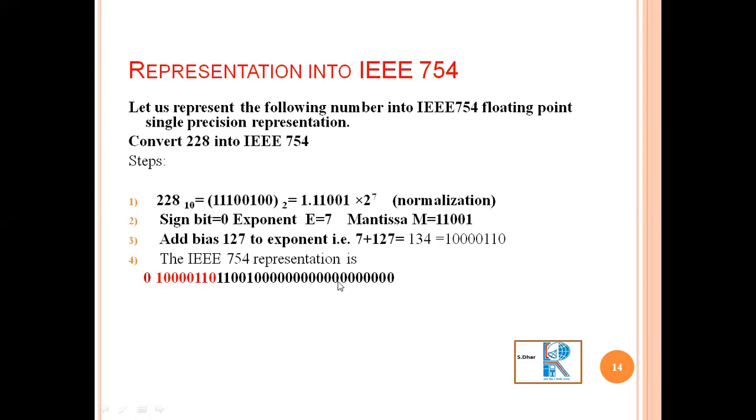After that, all the remaining bits, because this is 23 bits and you have written only 1, 2, 3, 4, 5 bits, all the remaining bits will be 0. Clear? So this total number is the IEEE 754 representation of the number 228. That means inside the machine, if you write 228, the machine will represent the number in this form. This is a floating point number, and this is IEEE 754. Clear?